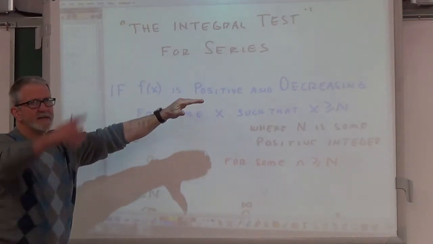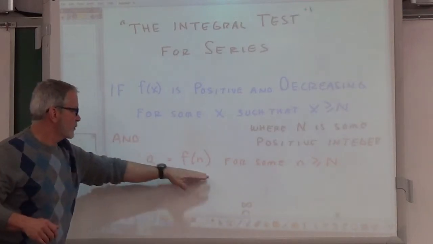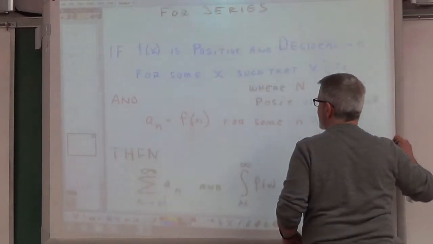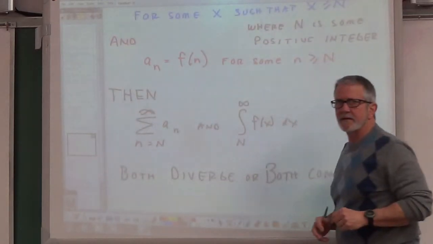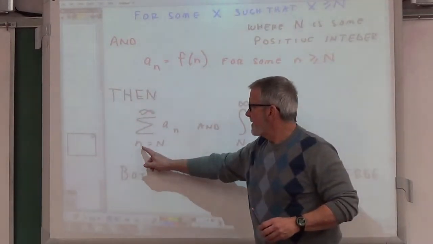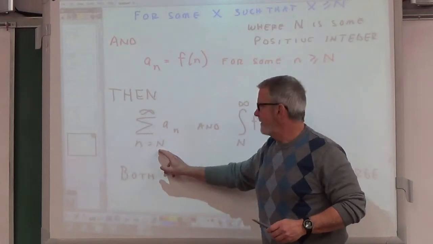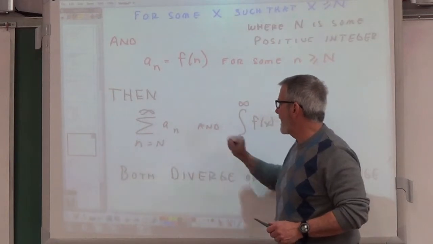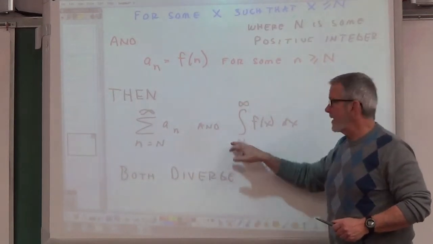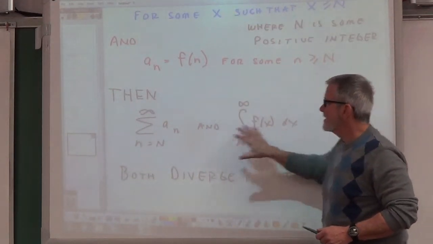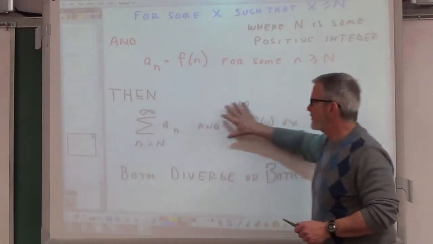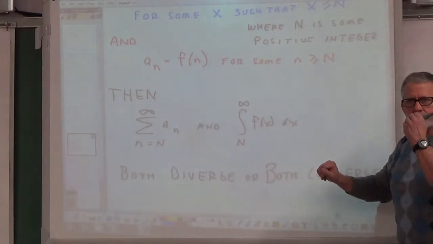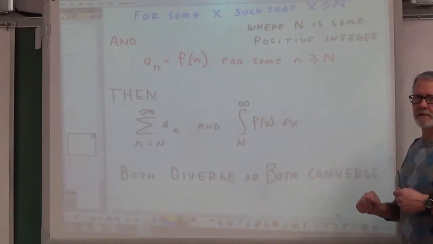If f of x is positive, decreasing, and equal to some sequence for some positive integer n, then this is the case: the summation from n to infinity of a sub n, and the improper integral from n to infinity of f of x dx, this series and this improper integral both diverge or they both converge.